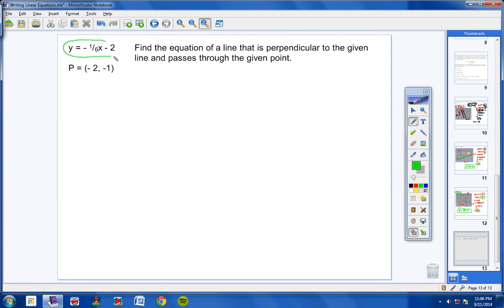Here's the equation, and I want you to write a linear equation of the line that's perpendicular to this line, and the line that you're trying to find the equation of passes through this point right here. Now I'm going to go ahead and ask the teacher to pause the video. I want everyone to work diligently on this and do a really good job. And as soon as everybody is ready, go ahead and unpause the video again, and we'll see how you guys did.